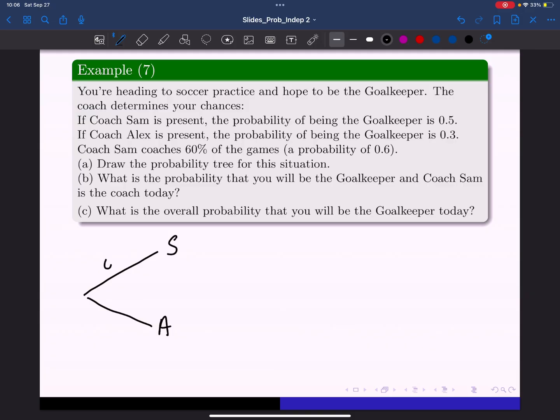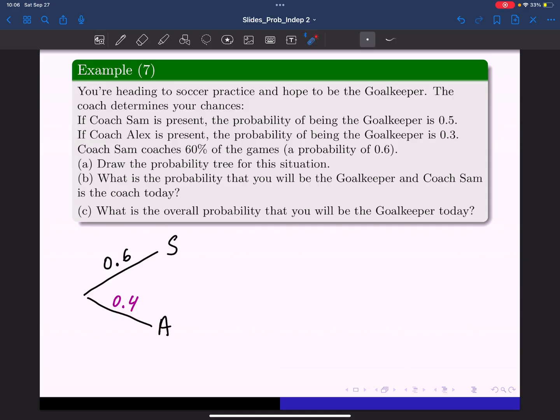So we write 0.6 on that branch of the tree. Since coach Sam coaches 60% of the time, that means the remaining 40% coach Alex is coaching. So we have 0.4. It's worth noticing that the total of those two branches needs to add up to 1, so this needs to be 100%. If this is 60%, this needs to be 40%.